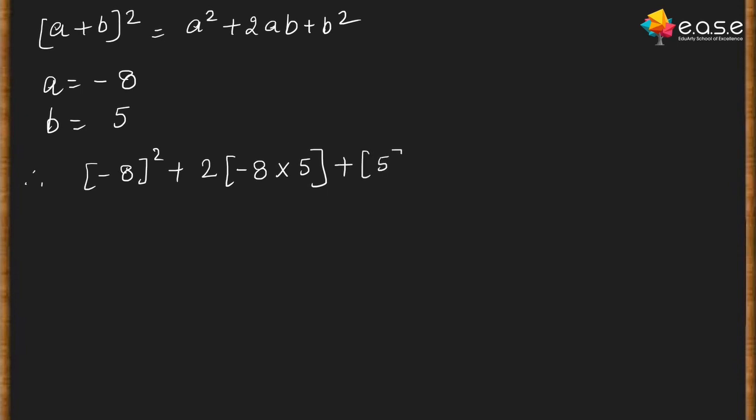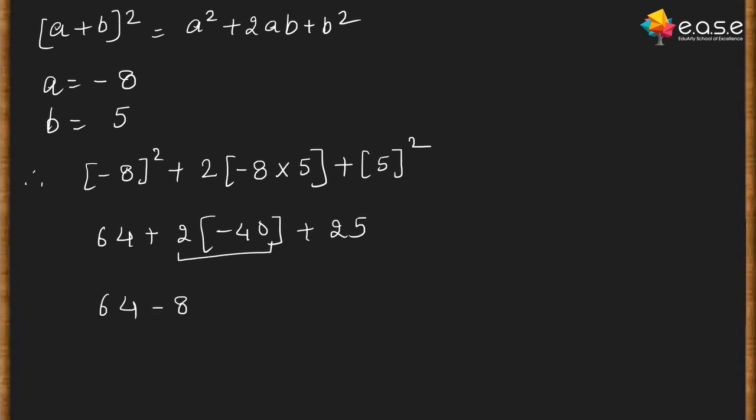Minus minus plus, this will give you a positive 64 plus 2 into bracket 8 times 5 is 40 but a negative 40, and plus 25. Now these two numbers when you multiply you get a negative answer, which is 64 minus 80 plus 25. That gives you how much? This gives you 64 plus 25, that will give you 89 minus 80, and your final answer is going to be 9.